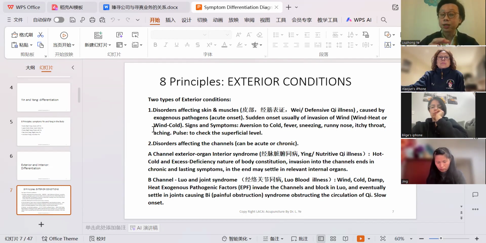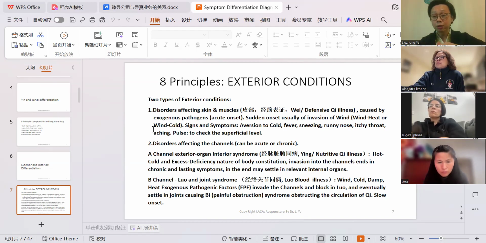There are two types of exterior condition: one affects the skin and muscles, and the second affects the channels. In the meridian system, there are the main channels, but above the main channel there are what we call the tendons and muscular sections, and above that, the skin sections.